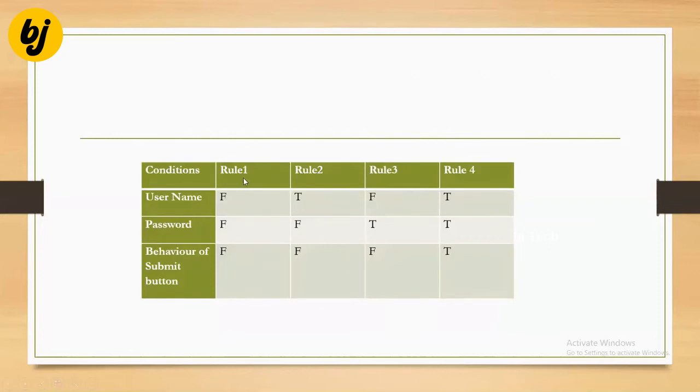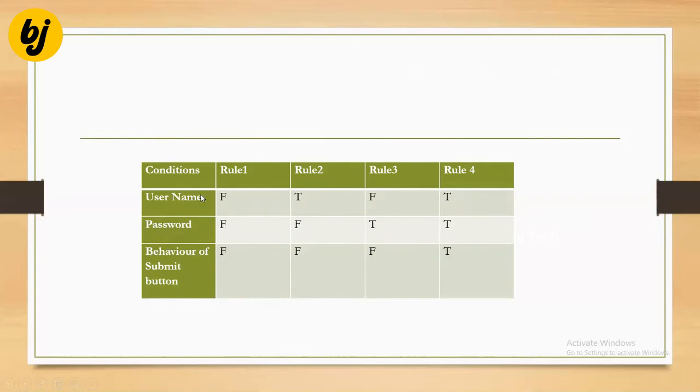Conditions here: the input objects are username and password, and the behavior of the submit button. Rule 1: username is not entered, password is not entered. How does the system behave? The submit button is disabled.